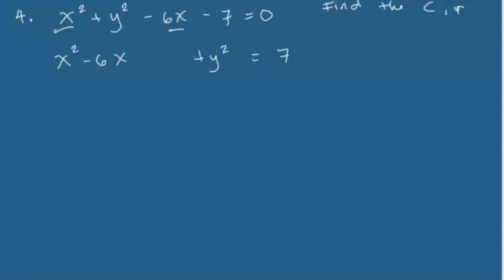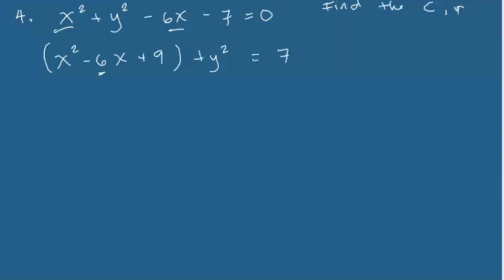Now, what do we do here? We need to use the completing the square method. If you remember, we're going to add half of this term and then square that. Half of 6 is 3 and square that, so plus 9.